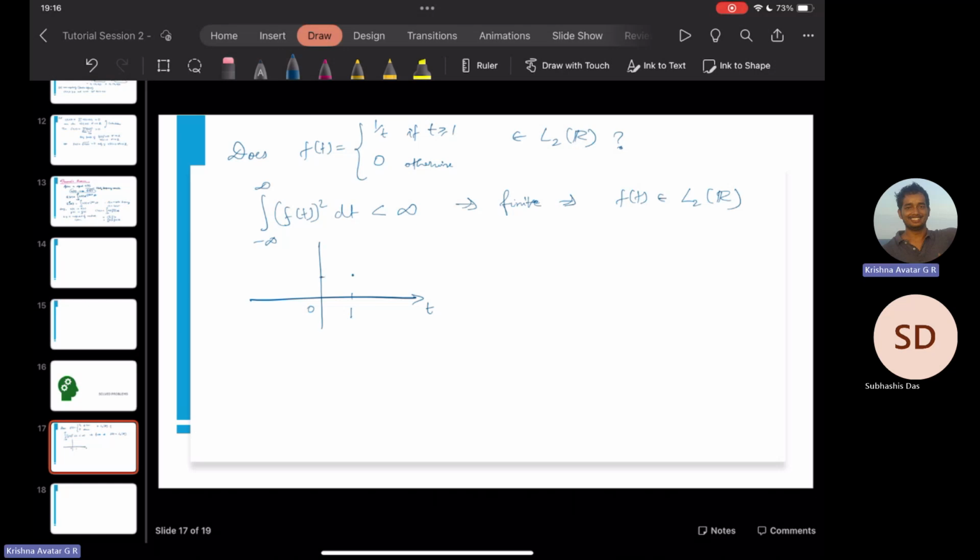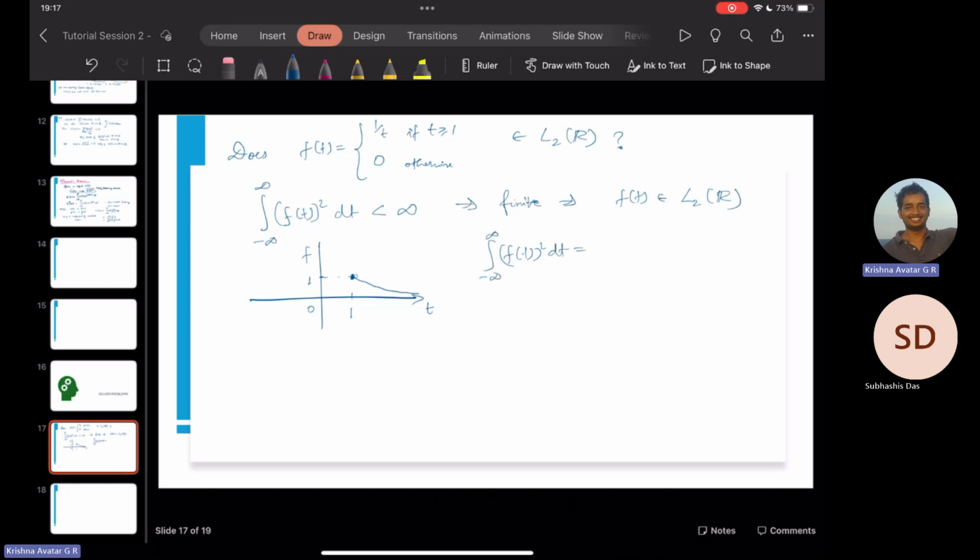At t equal to 1, f of t is 1, and as t increases, f decays as 1 by t. At t equal to infinity, f of t will approach 0 asymptotically. Which means that we need f of t whole square, integrated from minus infinity to infinity, dt.